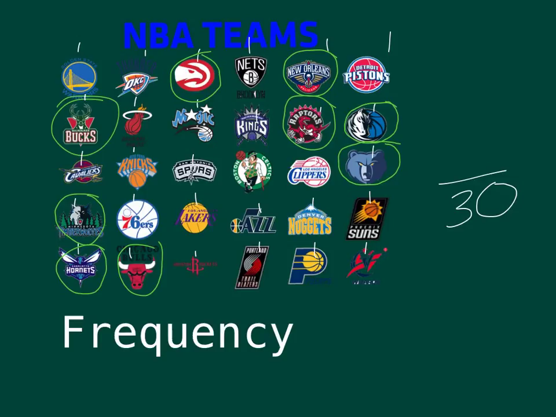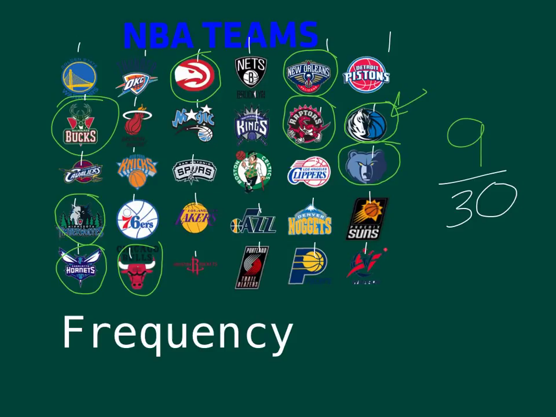So let's take a look. 1, 2, 3, 4, 5, 6, 7, 8, 9. Actually, the Dallas Mavericks have a horse in their picture. A maverick isn't really an animal, but we're going to count it here because of the image. So 9 out of the 30 teams have an animal in their name or part of their main logo.